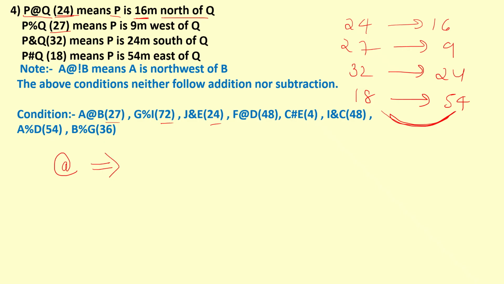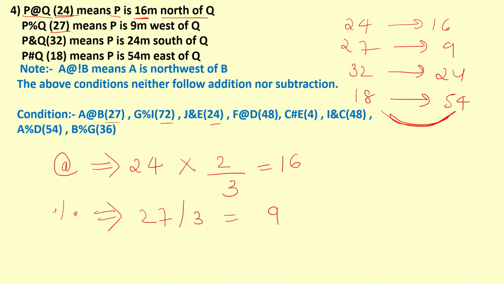So from 24, how are you getting 16? 24 into 2 by 3, you will get 16. Then if you go to percentage, 27 to 9, how will you get it? When you divide by 3, you will get 9. That is the logic for percentage.